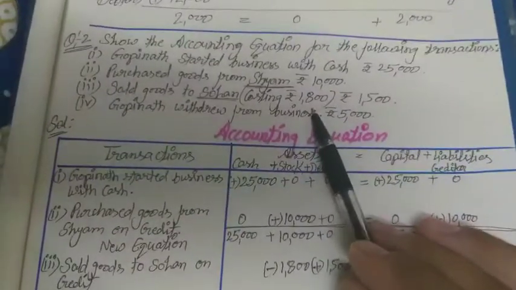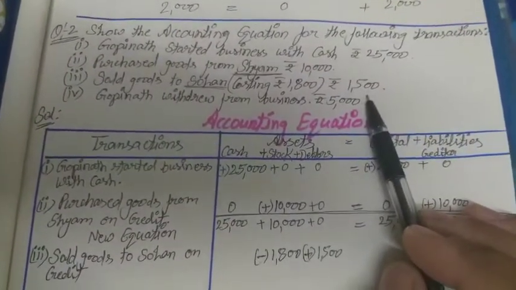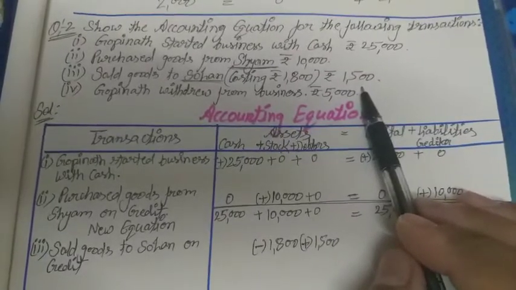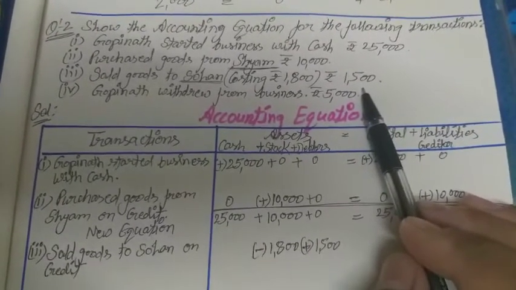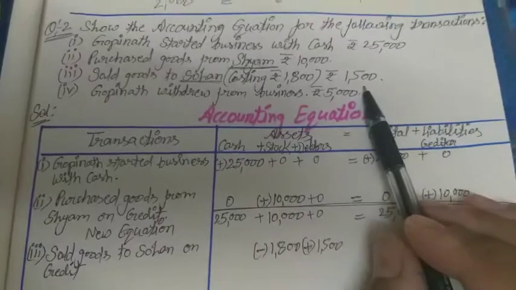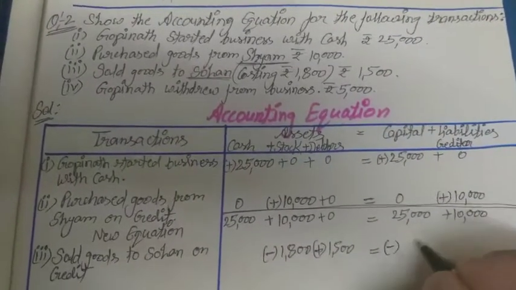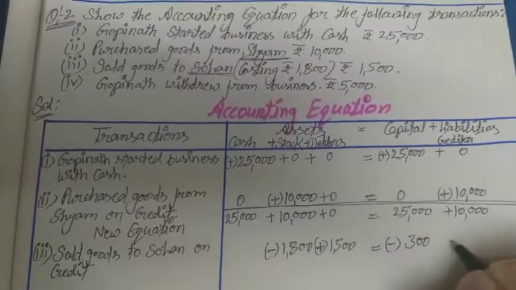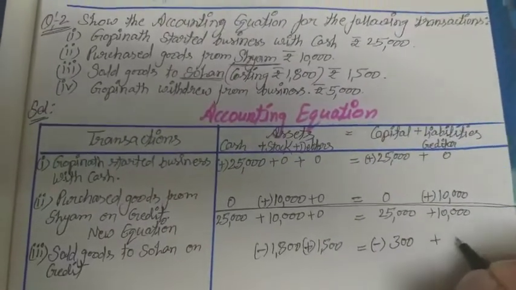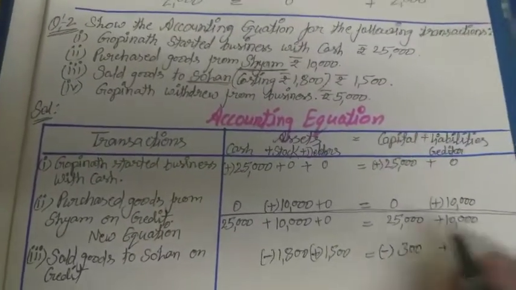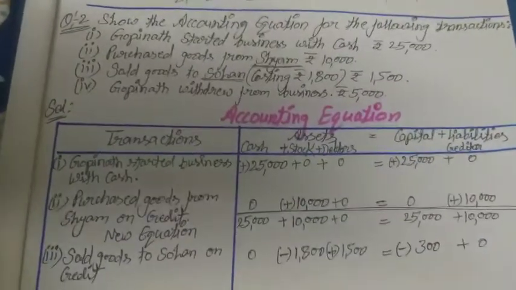Costing rupees 1800, sold for rupees 1500, so 300 rupees loss is there. That loss we will subtract from capital, and no effect on liability or creditors, and no effect on cash.